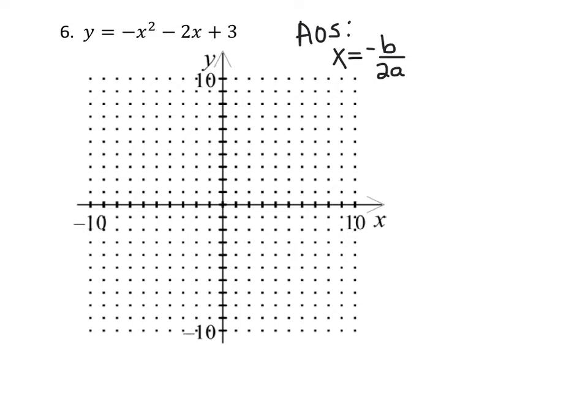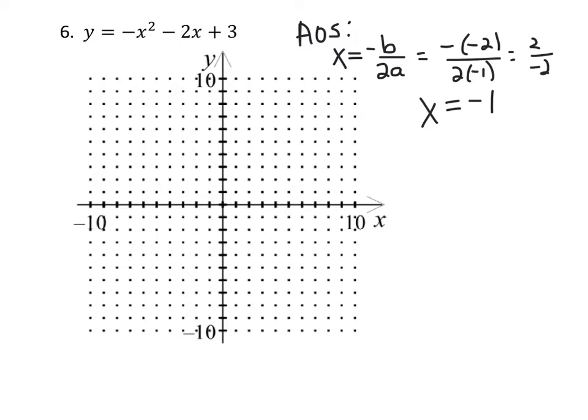Alright, so our formula for axis of symmetry is x is equal to negative b over 2a. This is a formula you need to memorize. If you haven't already memorized it, it's part of the quadratic formula, so it's easy to remember that way. x is equal to negative b over 2a. This is going to give us the equation of the line for the axis of symmetry for our parabola.